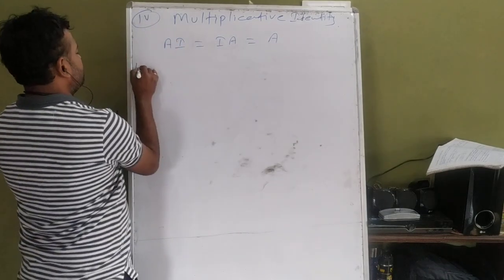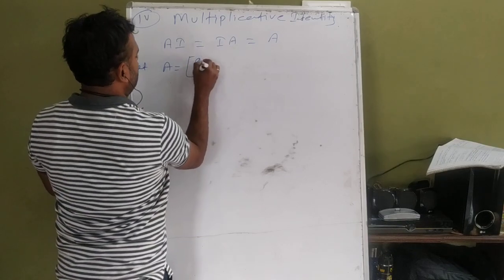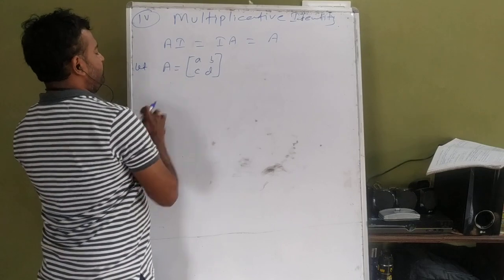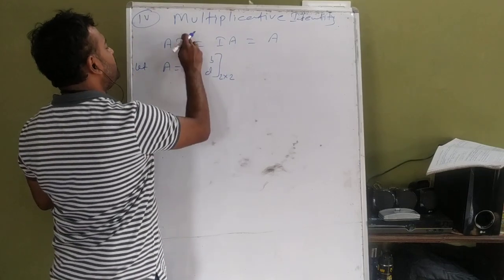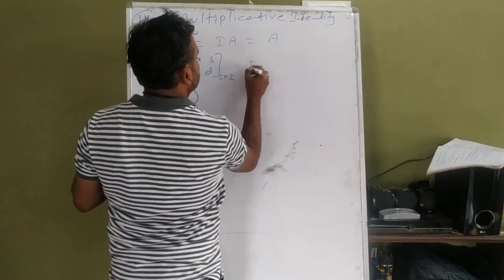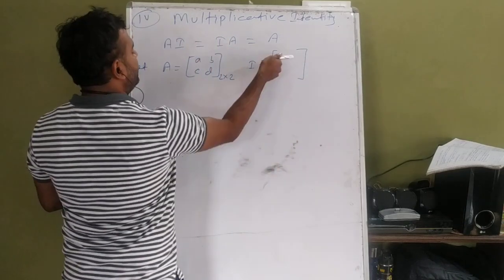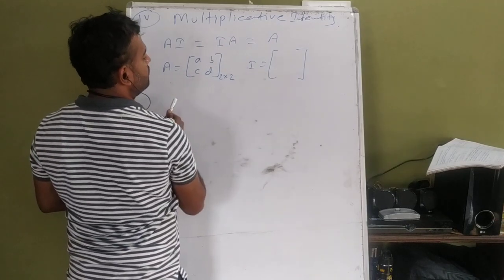Let us consider an example. Let A equal to [a, b; c, d]. A is a 2 by 2 order matrix and we need to take an identity matrix. Now there is a question: what will be the order of the identity matrix so that the product AI can be possible?